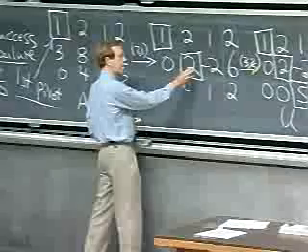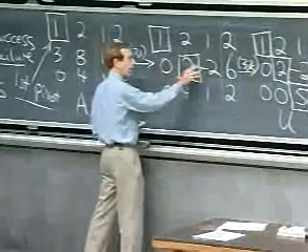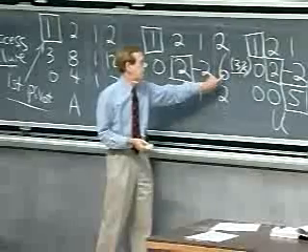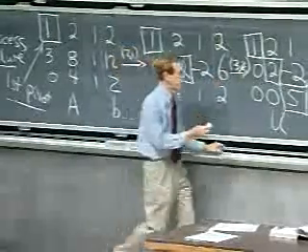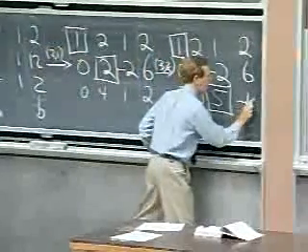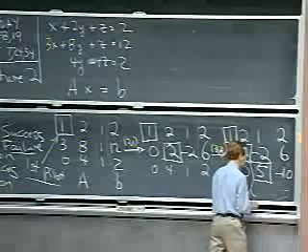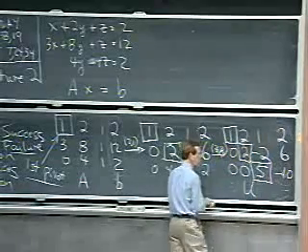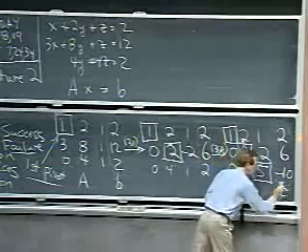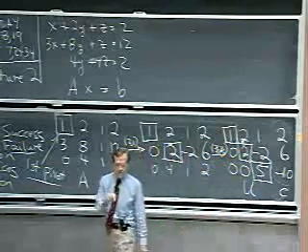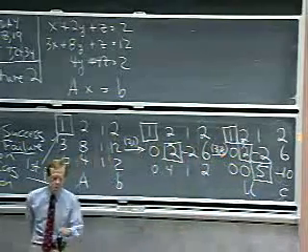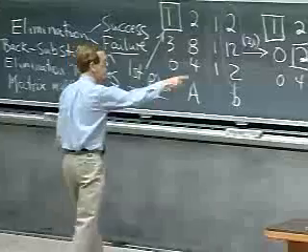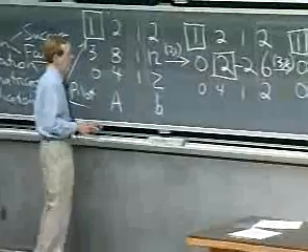I multiplied that pivot by 2, or that whole equation by 2, and subtracted from that. So I think I take 2 6s, which is 12, away from the 2. Do you think minus 10 is my final right-hand side? The right-hand side that goes with U, and let me call that once and forever the vector c. So c is what happens to b, and U is what happens to A.